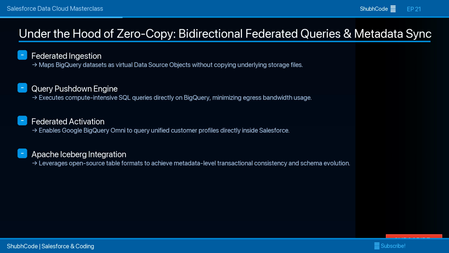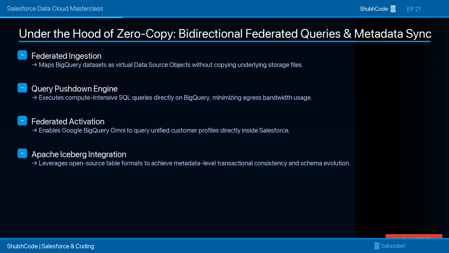To truly master this architecture, we have to look under the hood and understand how bidirectional federated queries work. When we talk about zero-copy, we are referring to two distinct capabilities, federated ingestion and federated activation. Federated ingestion allows Data Cloud to read Google BigQuery tables in real time as virtualized data source objects.